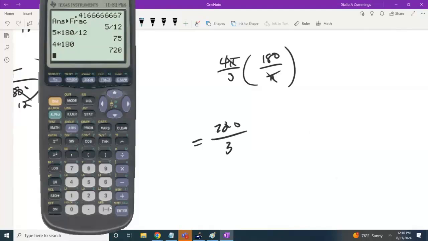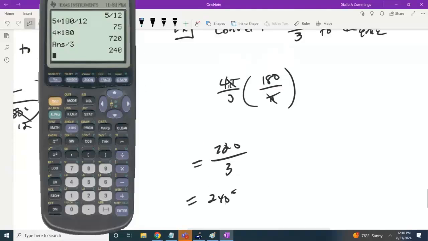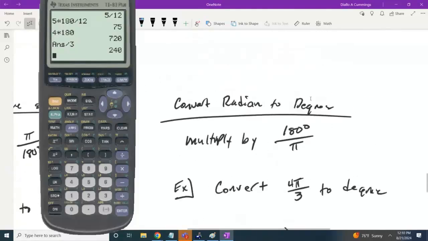I'm going to keep my 3 in the denominator. If I divide 720 by 3, I should get 240 degrees. All right, so any questions about converting radian to degree?